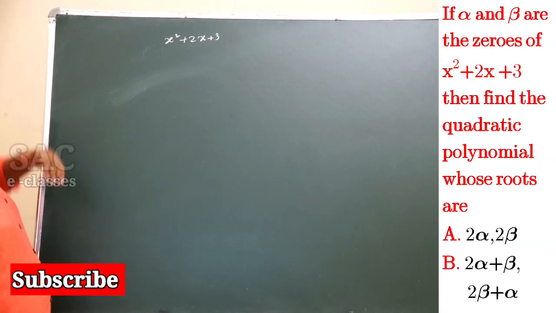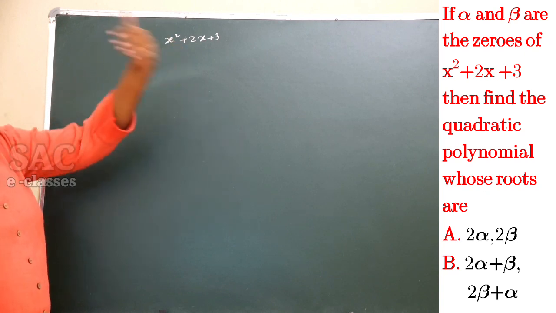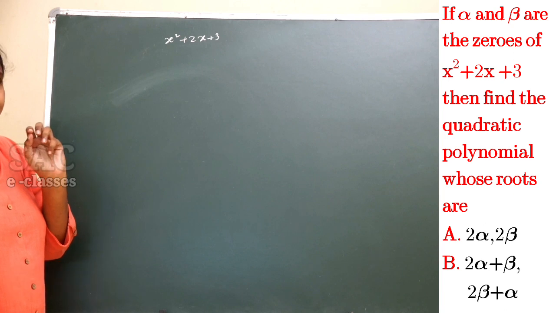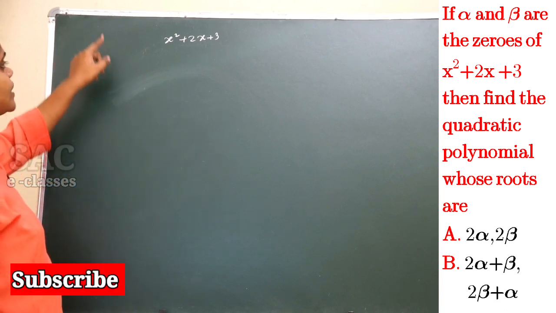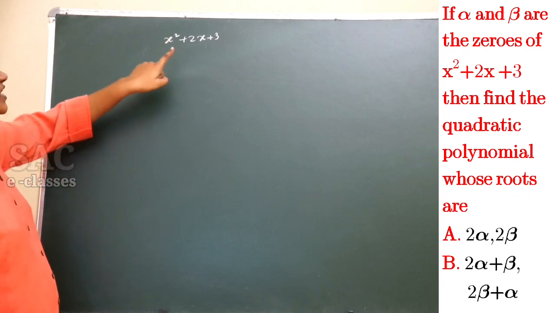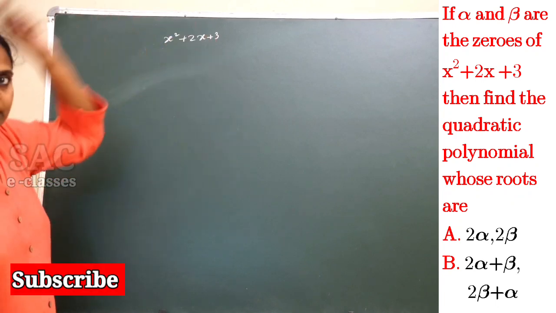Now until now we have done all the problems based on alpha and beta. This problem is somewhat different. They are saying alpha and beta are the zeros, that is the roots, of x square plus 2x plus 3.